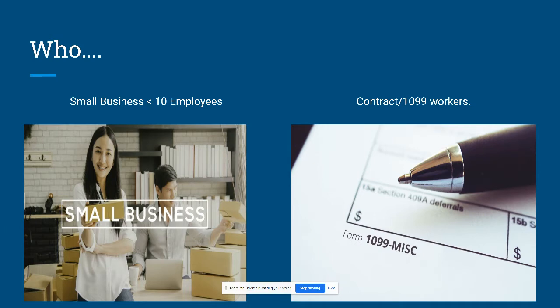The other group is contract workers or 1099 workers. These are people who don't work for organizations that qualify for group discount plans, right? They're roofers, plumbers, general contractors building houses. Or like I said, people working in smaller organizations that just don't offer health benefits, right?